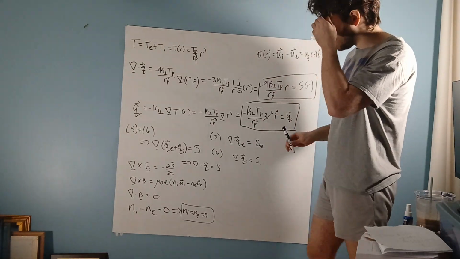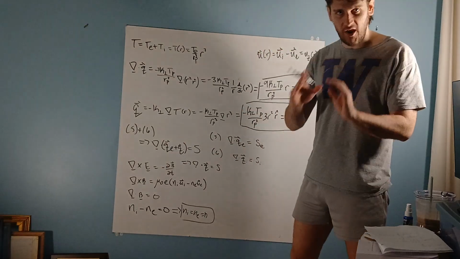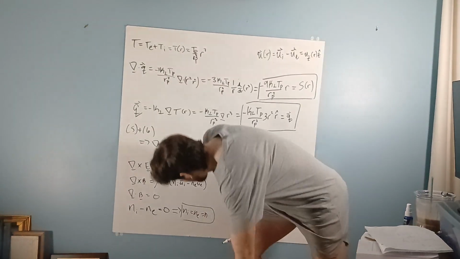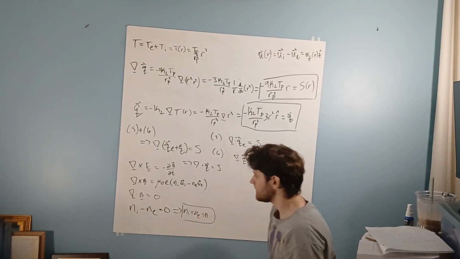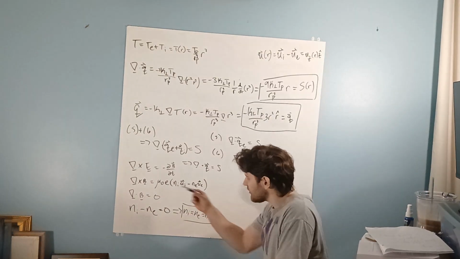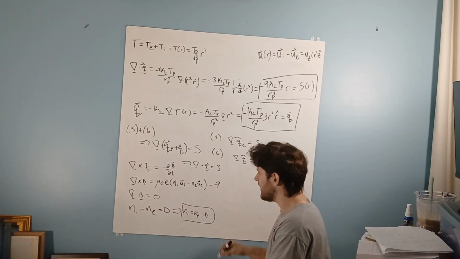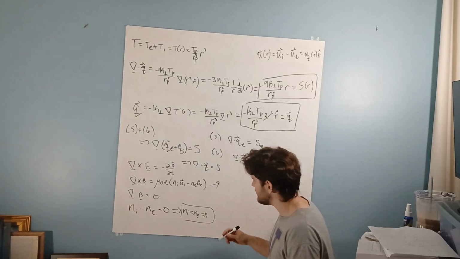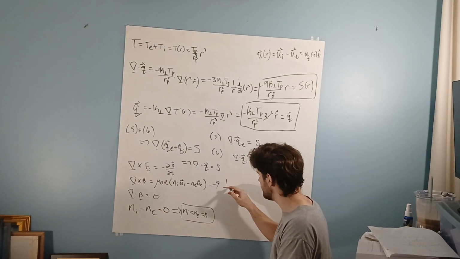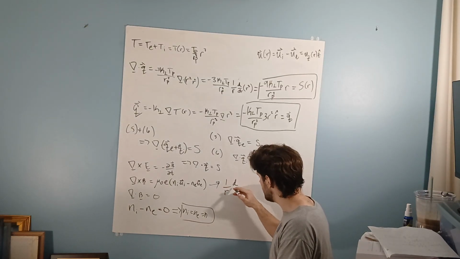But before we integrate that, I just want to deal with Maxwell's equations. We haven't been dealing with them yet, but we're going to. So the first one we focus on is Ampere's law. Now, in a cylindrical coordinate system, I actually know this one off the top of my head.